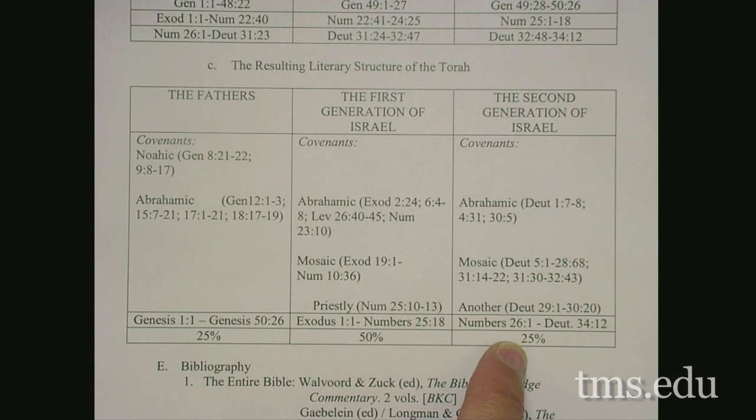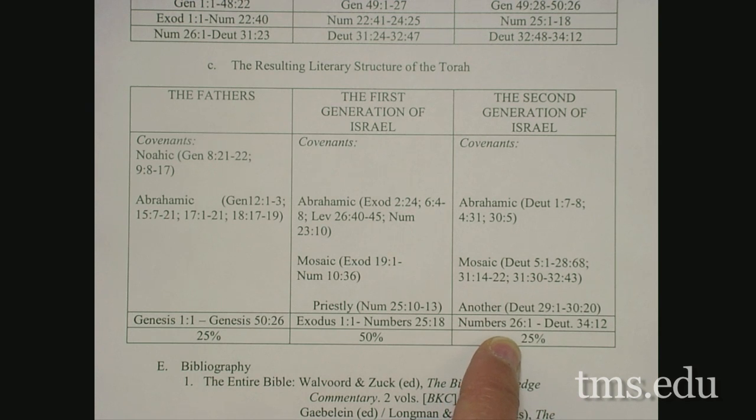That generation is numbered in Numbers chapter 1. And significantly, when you get to Numbers 26, you have a second census taken of the fighting men of Israel.